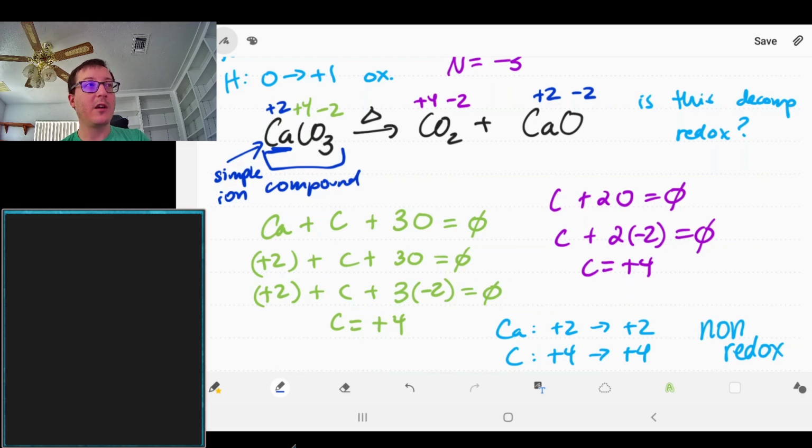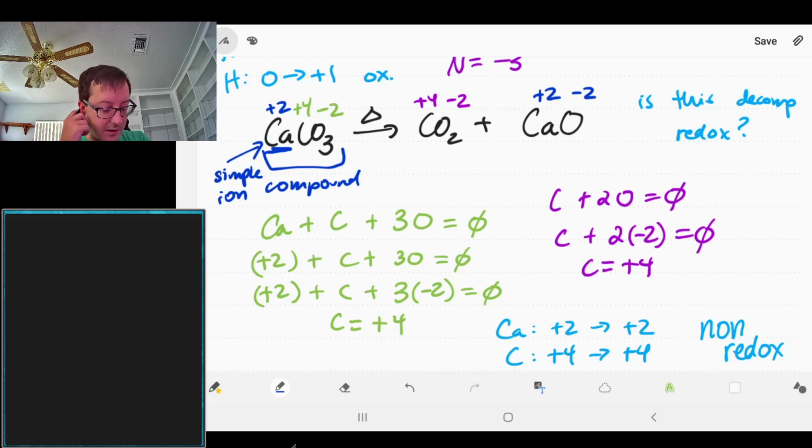And you might be like, well, carbonate's a polyatomic ion. But we don't have just carbonate here, right? We have calcium carbonate. Calcium carbonate is a compound. If we were just looking at the polyatomic ion, then we would set the thing equal to its charge. But since we're looking at a compound, we just do whatever is given to us in the reaction.